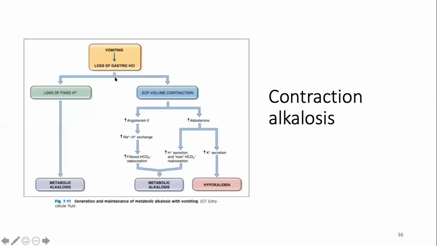Why is that? For example, in vomiting you lose H plus, so you go into alkalosis. At the same time you also lose water, so you have ECF contraction, and this contraction will stimulate other hormones, angiotensin 2 and aldosterone, which will increase the bicarbonate reabsorption, which can aggravate the metabolic alkalosis. Another consequence of this contraction alkalosis is that you will tend to have hypokalemia as well.